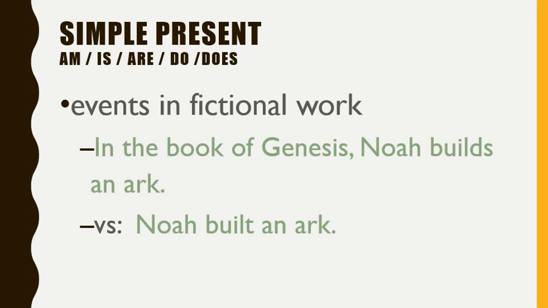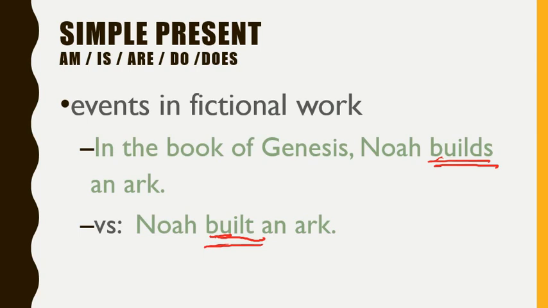Whereas if you look at the example sentence here, we could say either of these. In the book of Genesis, "Noah builds an ark" in the present tense, or you might say that "Noah built an ark." And both of these may be valid depending on who you are and what you believe in.